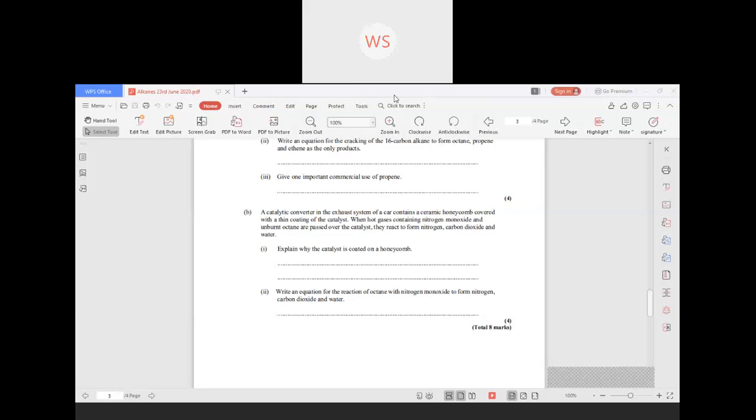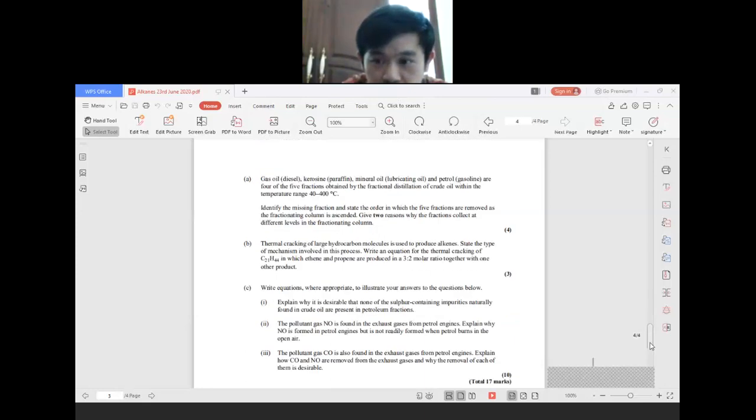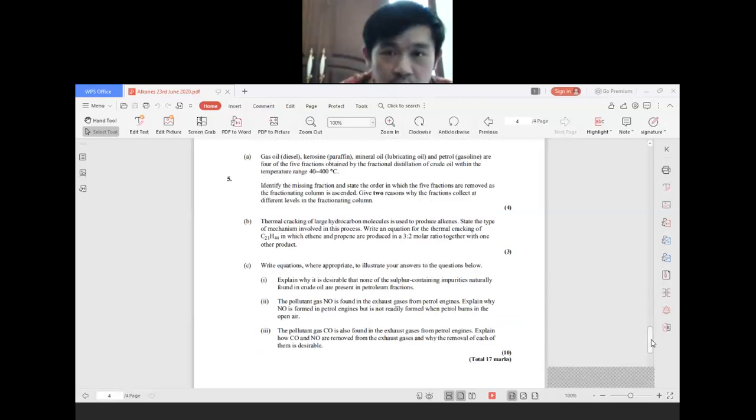Okay, and then for the last page, number 5. Gas oil, kerosene, mineral oil, and petrol are 4 of the 5 fractions obtained by fractional distillation of crude oil within the temperature range 40 to 400.